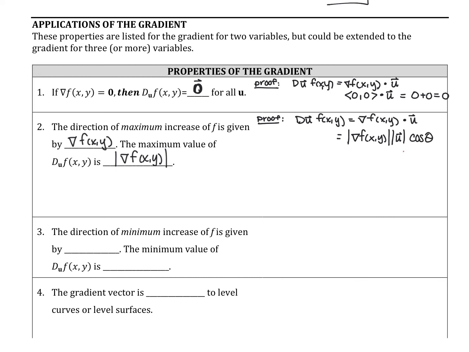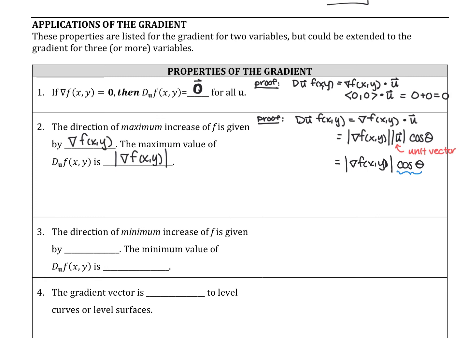Now, what do we know about u already? Well, we know that this is already a unit vector, which means its magnitude is 1. So I'm finding the magnitude of something that already has a magnitude of 1. So I could rewrite this to say the magnitude of that gradient times 1 times the cosine of theta. Okay, well, let's think about the cosine of theta for a moment. Where is cosine of theta at its max?